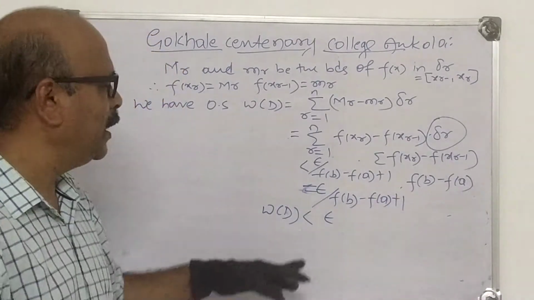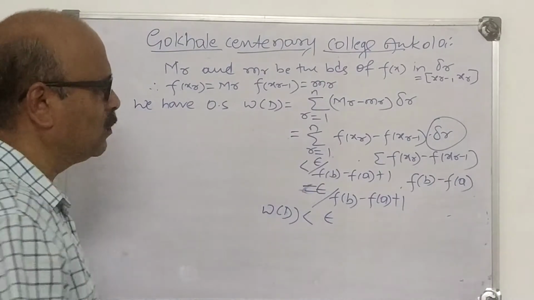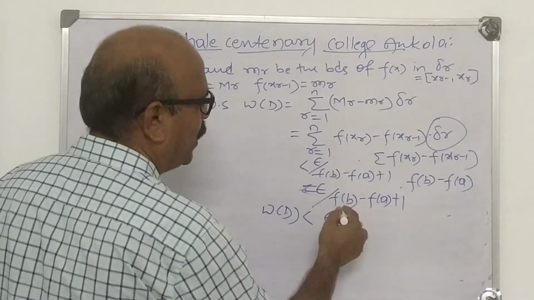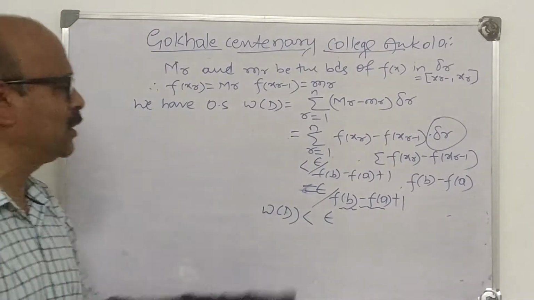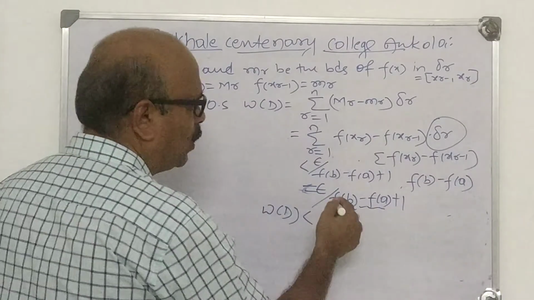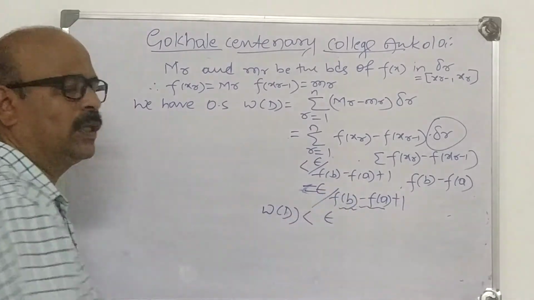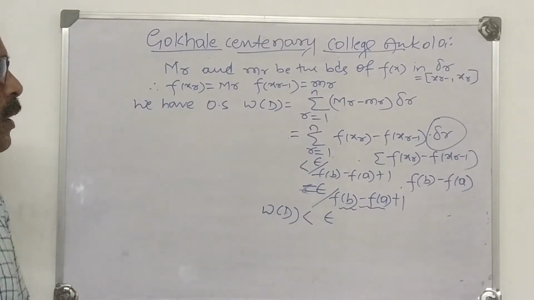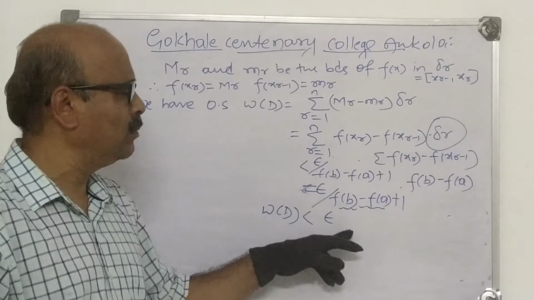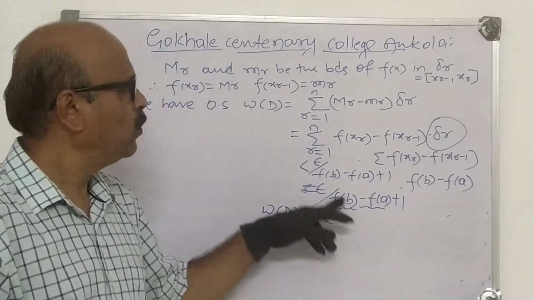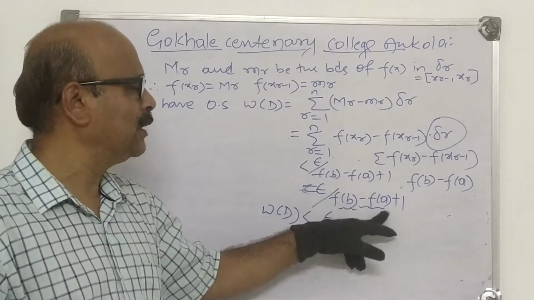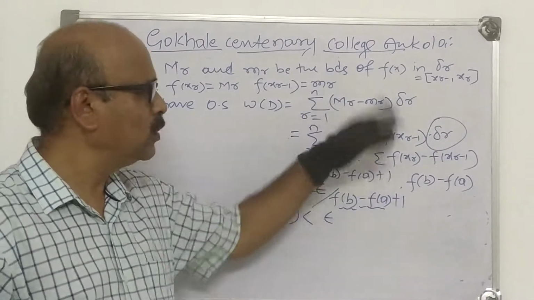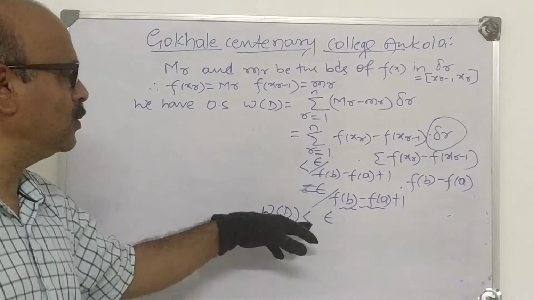If we take only the length of the interval less than epsilon by fb minus fa, then if fb is equal to fa, suppose the function is constant, then we cannot apply this proof for the constant function. So to make the theorem applicable to even a constant function, we have taken the length of each subinterval less than epsilon by fb minus fa plus 1. So that is called the art of writing the proof.